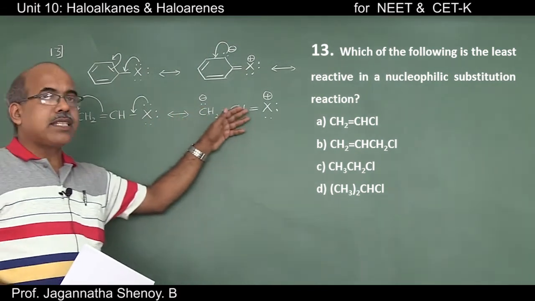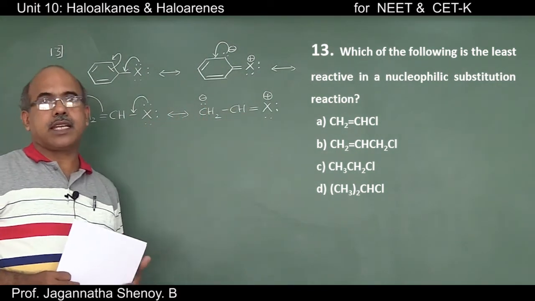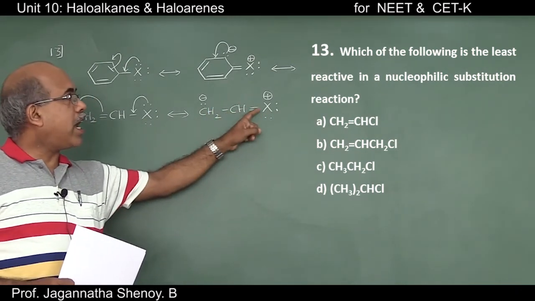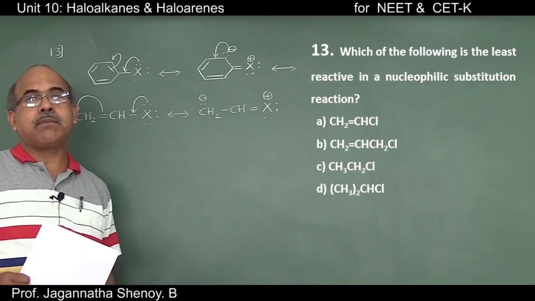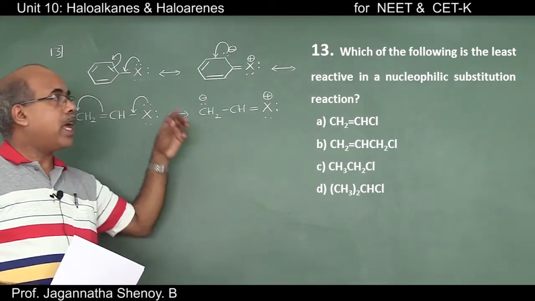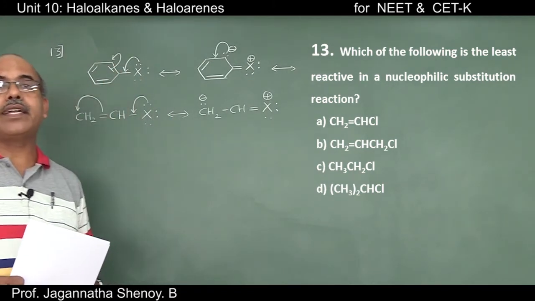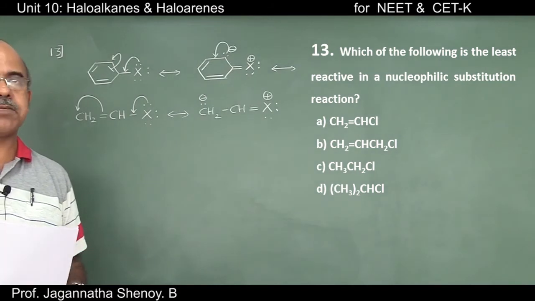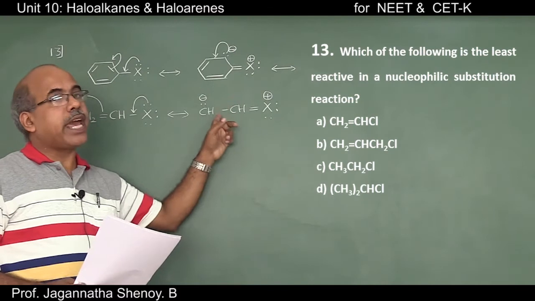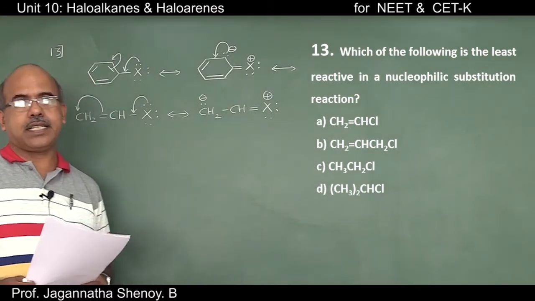And you know, as the bond order increases, bond strength increases, breaking carbon halogen bond in case of vinyl halide and aryl halide becomes more and more difficult. In other words, we say aryl halides and vinyl halides are unreactive towards nucleophilic substitution reaction, mainly because of partial double bond character of carbon halogen bond due to resonance.